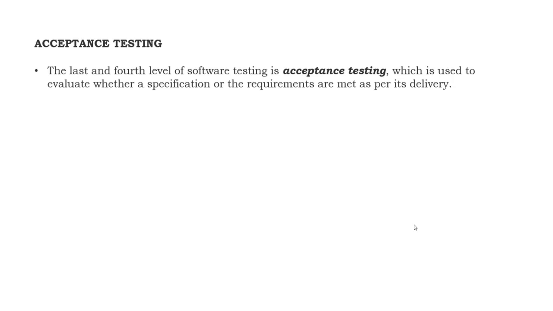The last and fourth level of software testing is acceptance testing, which is used to evaluate whether the specification or requirements are met as per delivery. Whatever the requirement is, is it working fine or not? It is verified whether it has been developed as per the provided requirement.